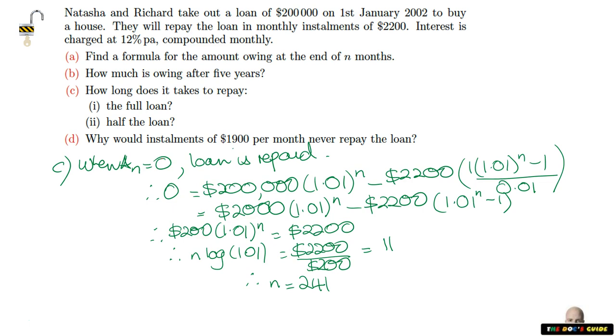Now, part C. How long does it take to repay half the loan? Here I have just copied the part for repaying the full loan, and if I'm going to repay half the loan, then the balance is going to be AN on 2 when I've repaid half the loan. So this part here is only 100,000, or 100,000 left to pay.